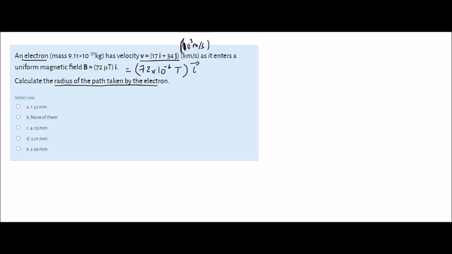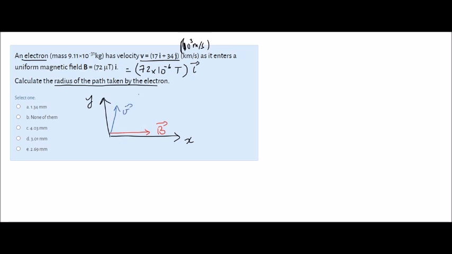So which path do we have here? Well, let's draw simple things. Let's have X, Y axes, okay? Where is B? B along the X axis. Where is v? v is 17, 34, so something like that, maybe, right?